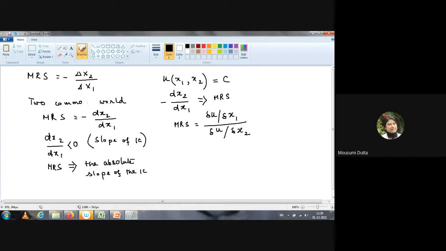It can be presented in this way too. Okay, so this is actually minus dx2 by dx1 when I take the derivative from the u function.